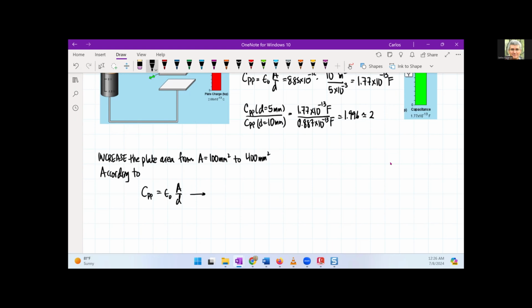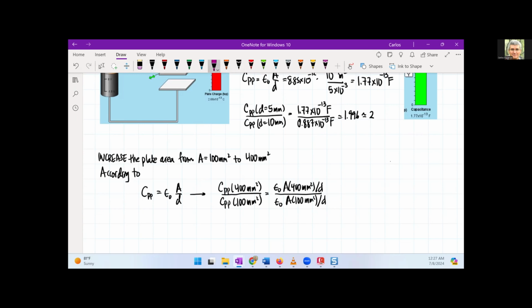So we expect the capacitance of the 400 to be larger than that of the 100 millimeter. So then I could say that the capacitance of the 400 millimeter squared compared to that of the 100 millimeter squared should be directly proportional to the areas, where I keep the plate separation and the dielectric exactly the same.